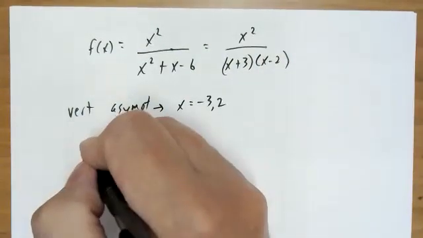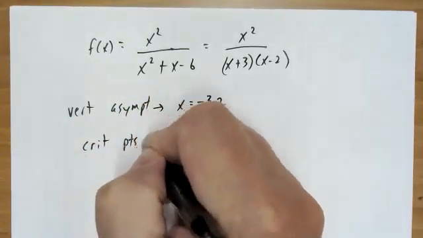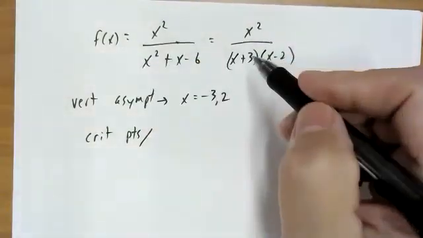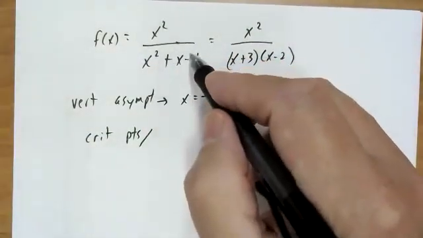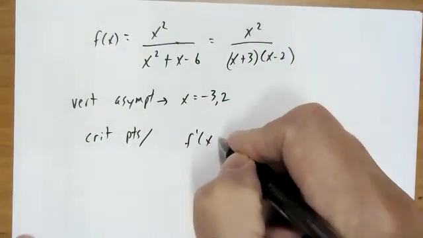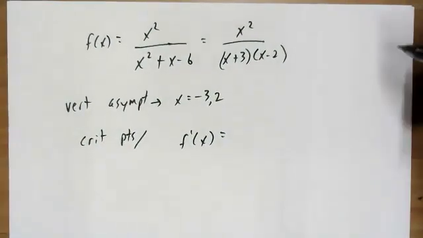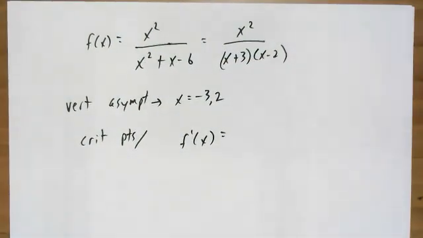Now to find the critical points, I've got to take the first derivative, set it equal to 0 and solve that. So I'm going to have to use the quotient rule again. So with these rational functions, you almost always have to use the quotient rule, since you've got a fraction here.